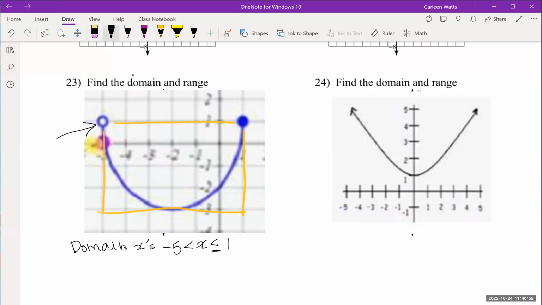Or we're going to use, okay, I forget what it's called. Interval notation. So we go from -5 to 1. Now notice loose grip on the -5 does not touch. Firm grip on the 1 does touch. So you should know both notations.